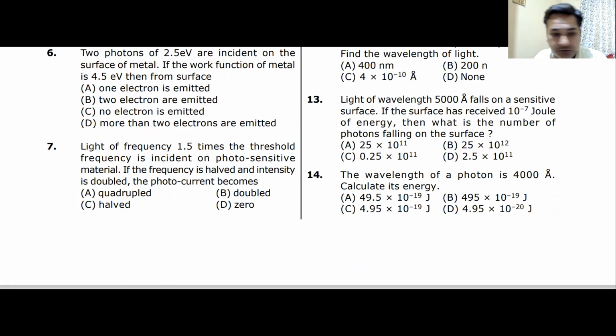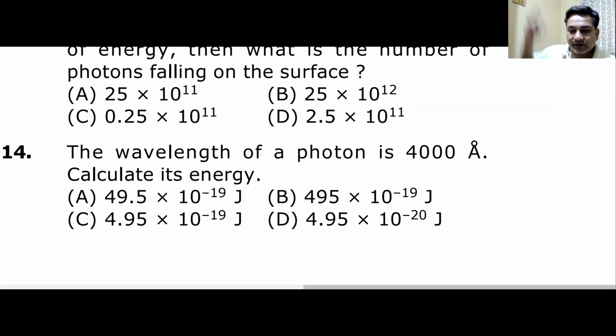I have this bigger version of the same question. The wavelength of a photon is 4,000 Angstrom units. Calculate its energy.